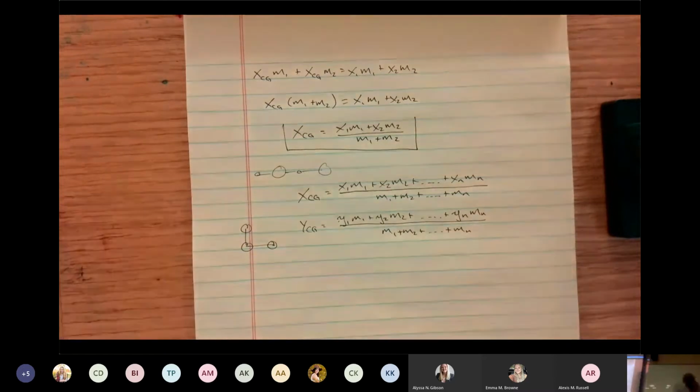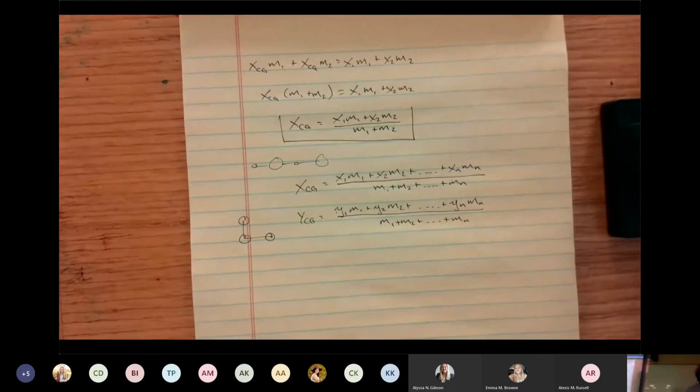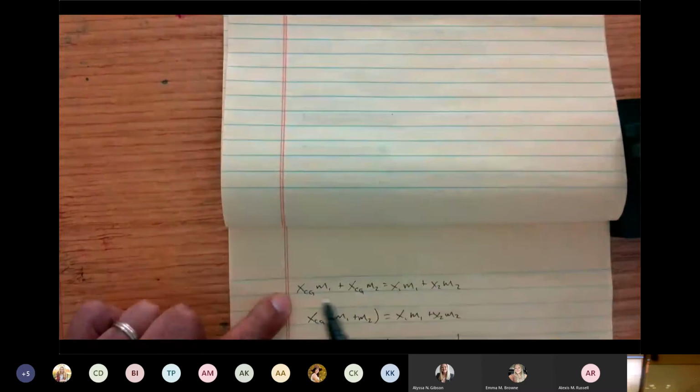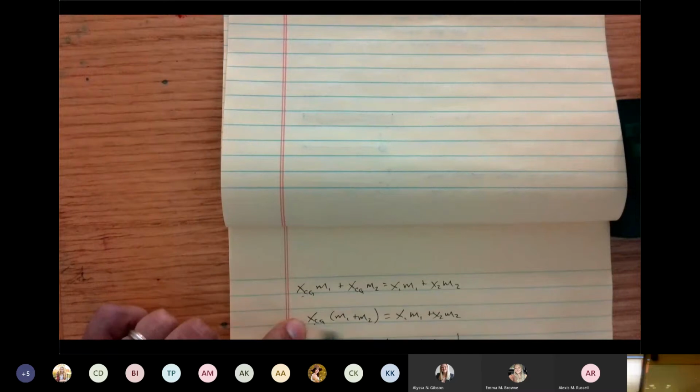Yes. In your top equation, you have the xcg m1 plus xcg m2, but then when you got down to the second one, you only have one xcg. Does the other one just drop out, or do they just combine? Here, what I'm doing is I'm factoring out this. So if you expand this equation, you end up with this over here.